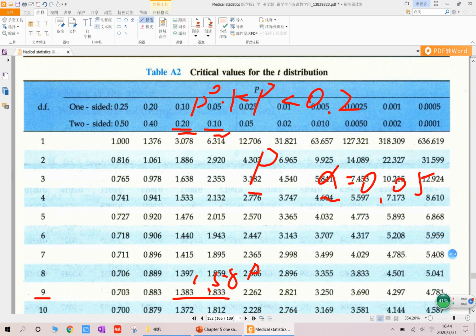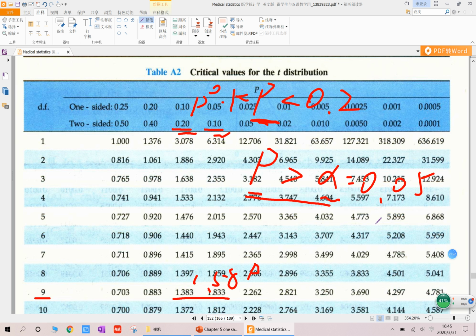Yes, of course, P is bigger. So P is bigger than alpha. Why? Because we have proved that P is between 0.1 and 0.2. So P is bigger than 0.1. It must be bigger than 0.05, right? Okay, so now we know P is bigger than alpha.